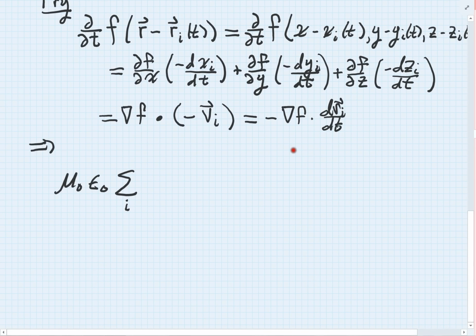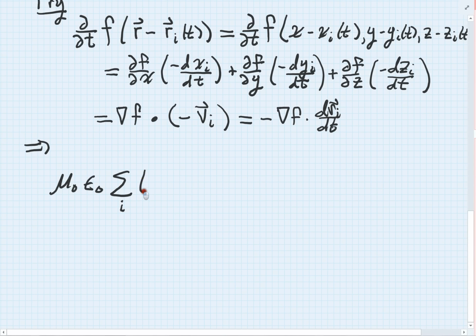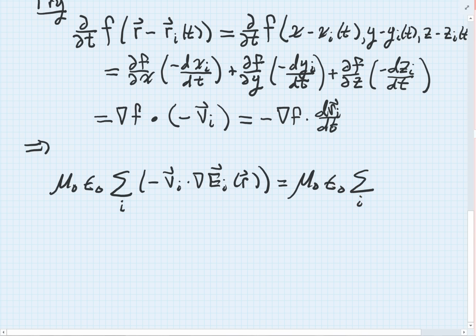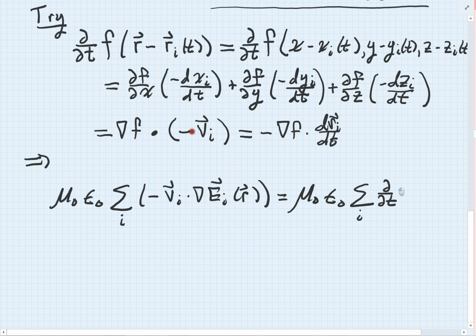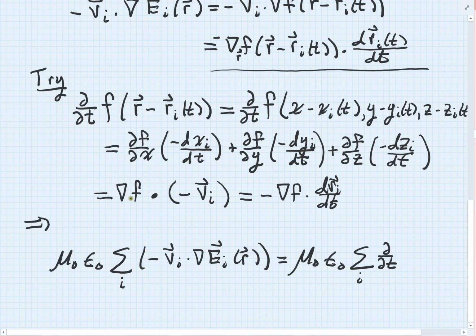So minus vi dot grad Ei of r is equal to mu naught epsilon naught sum on i of the time derivative of this thing we called f, which is vi dot grad fi.